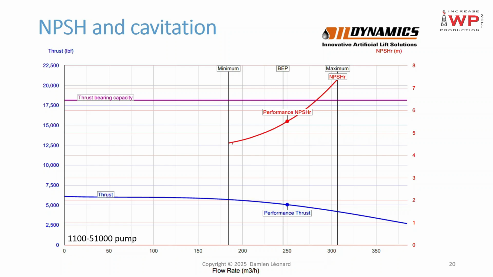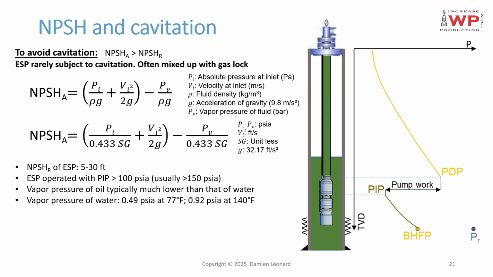A typical value for the NPSH of an ESP usually ranges between 2 to 10 meters, so basically 5 to 30 feet. And we can see that for this particular pump, it ranges between 4.5 to 7.5 meters. What is that in feet? 13 to 22 feet. So why are ESPs rarely subject to cavitation?